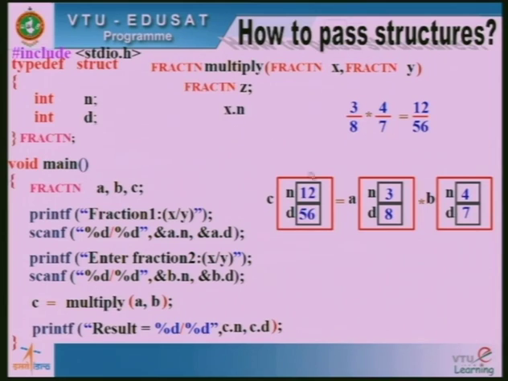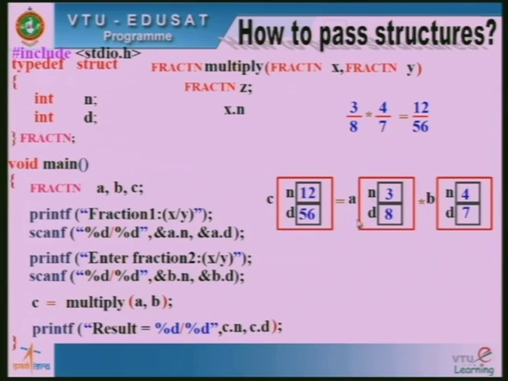Now x.n, I have to multiply this x.n with what? B.n. Here instead of b what we write? Y. Instead of a what we are using? X.